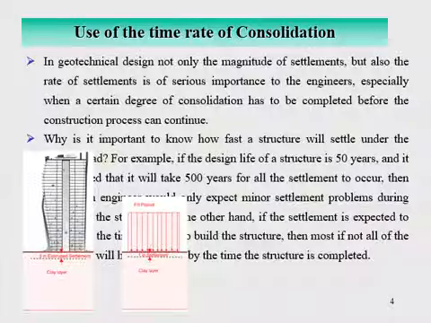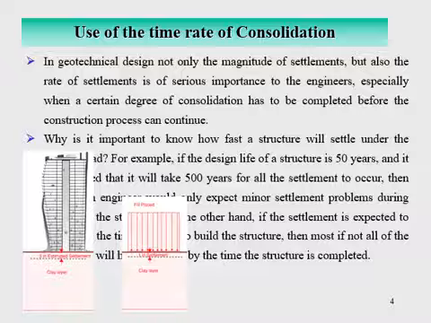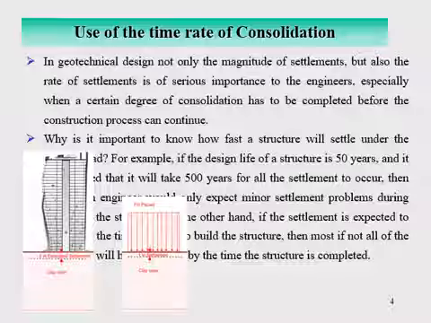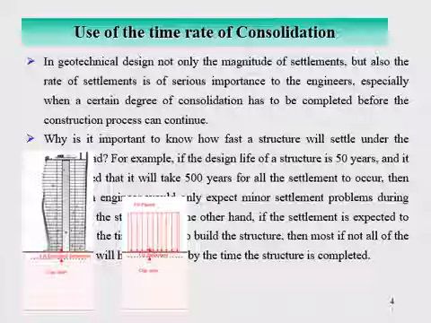For example, you want that when 1 inch settlement is complete, you remove this fill, right? So you do some calculation and find how long you should place this fill material so that 1 inch of the settlement is complete under this fill material.